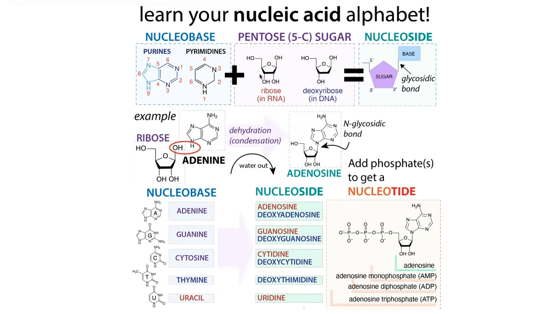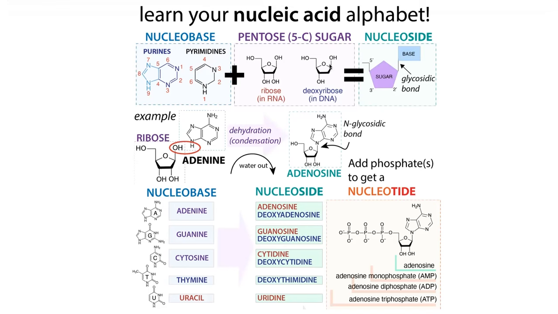So we looked at our pentose part, our 5 carbon sugar. And we looked at our nucleobase, our purines and our pyrimidines. Now let's look at how we can connect them. As I mentioned before, that connection is happening at the 1' position on the sugar. These prime positions are in reference to the sugar.